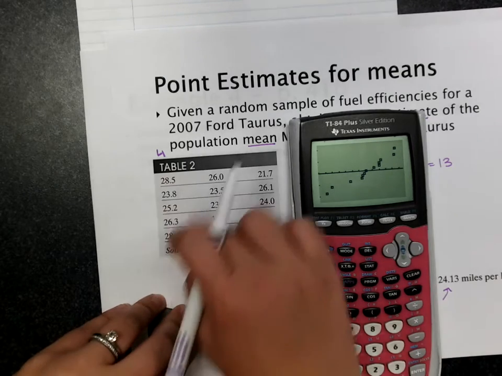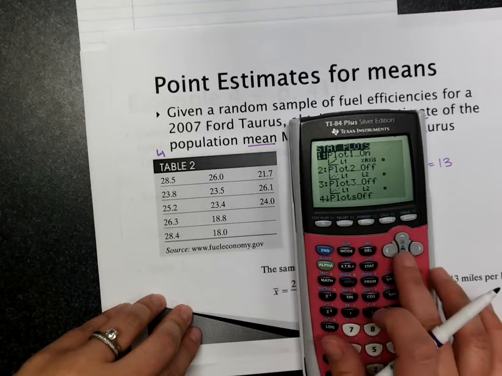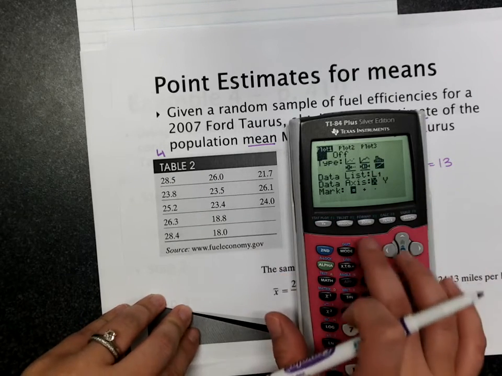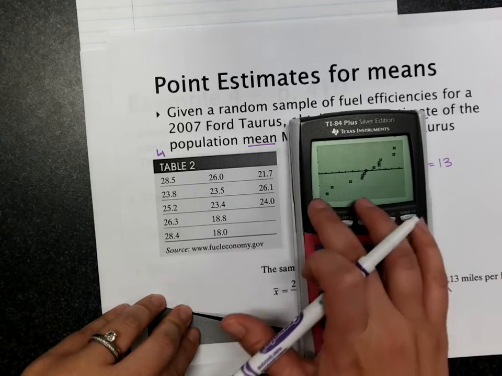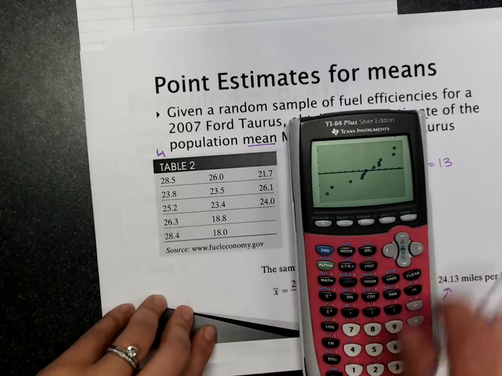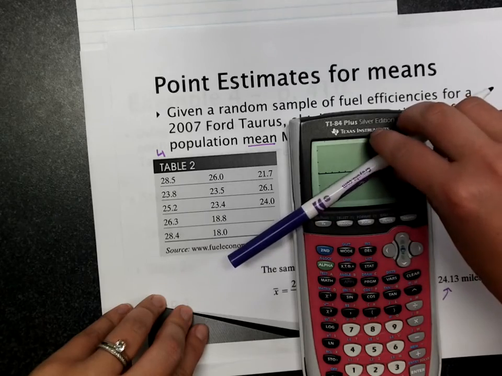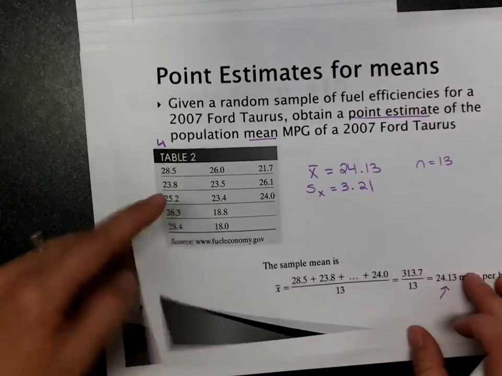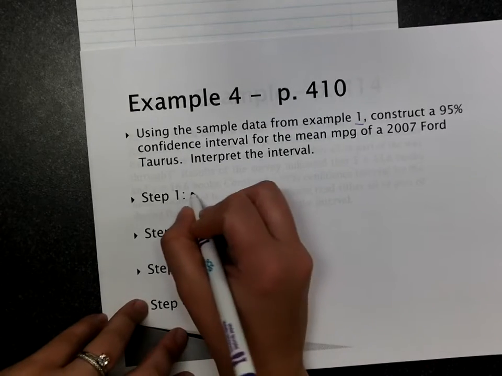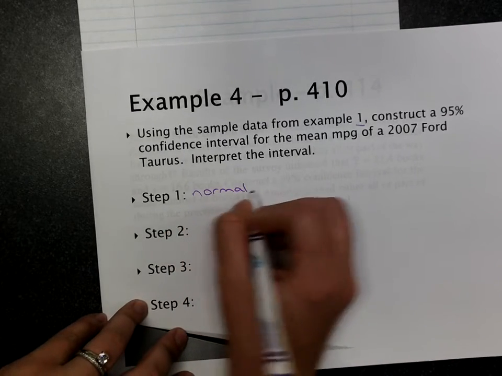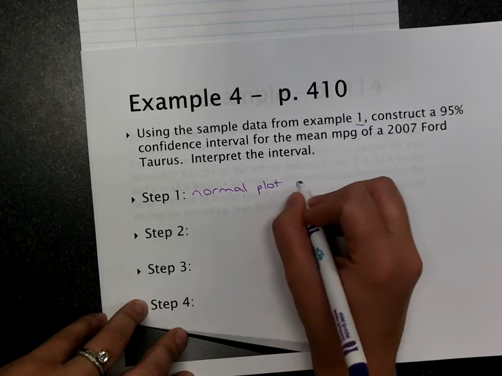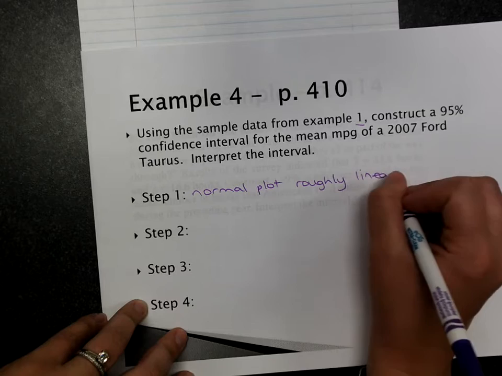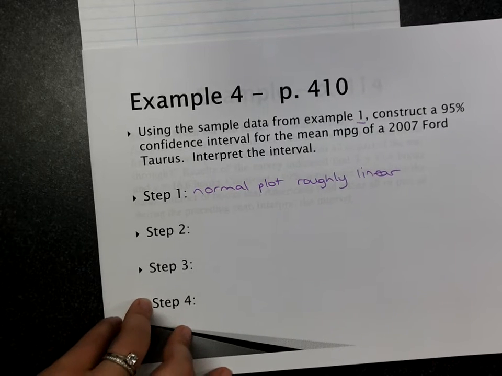So I'm using these 13 data points, going to stat plot, turning it on using that last option, and then hitting zoom 9, and those values should line up roughly linear. So you should take your pencil, should be roughly linear, which they are. So step 1, the normal plot is roughly linear. Therefore, we can assume that it's approximately normally distributed.